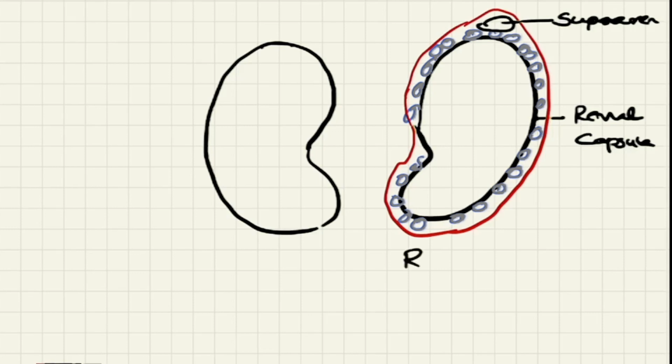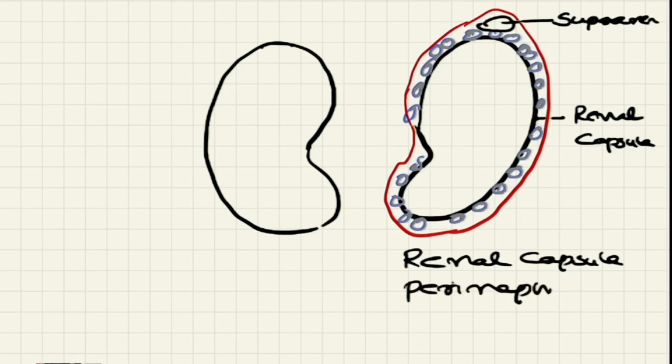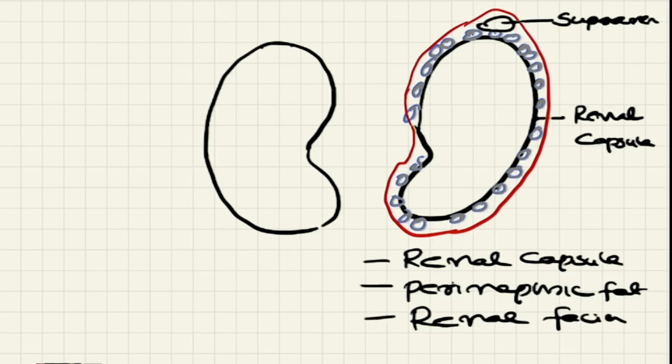One is the renal capsule. Second is the perinephric fat. Third is the renal fascia. Hope this point is clear to you.